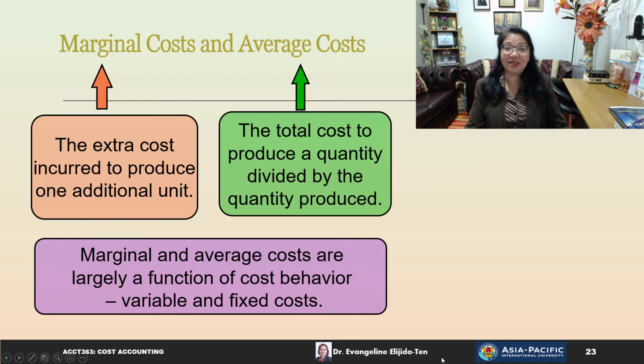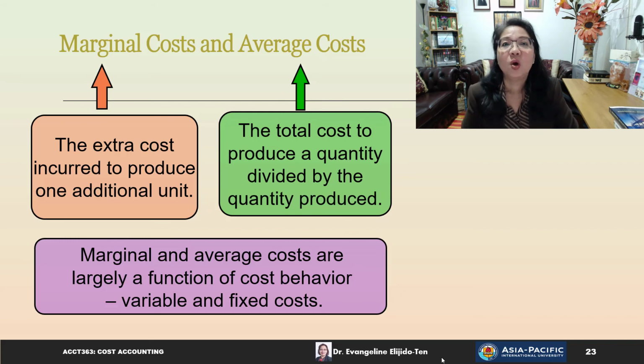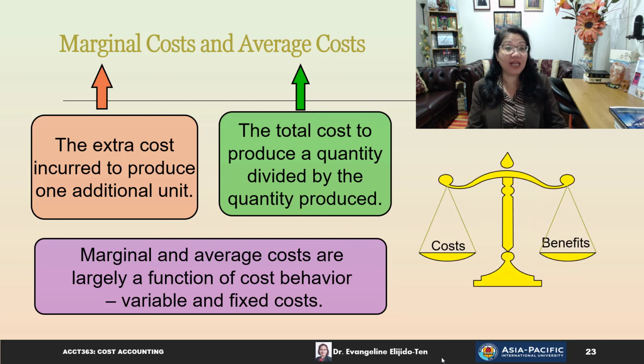Well, as you can see, we have covered quite a lot of different cost concepts in this topic. We have explored the definition, the different cost classifications, and pretty much the phrase different costs for different purposes was coined. An important task for managers is to really weigh the benefits of providing information against the costs of generating, communicating, and using that information.